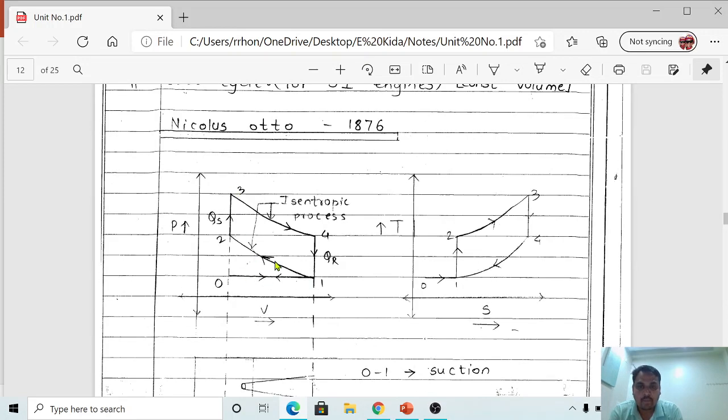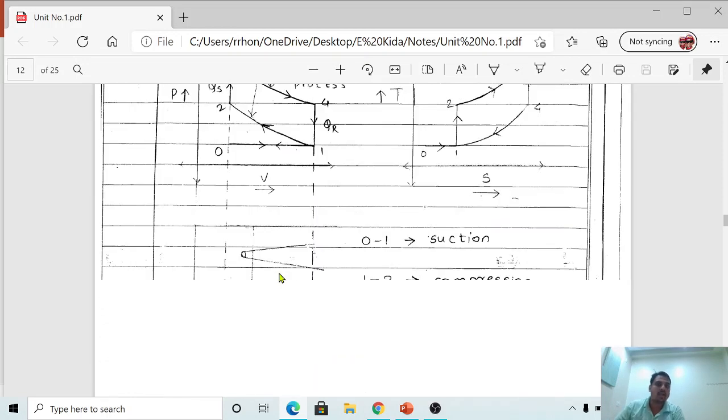This V1 by V2 represents the compression ratio. See, process 0 to 1 is a suction, 1 to 2 is a compression. So the compression ratio is V1 by V2, and similarly for the expansion ratio, this is the process of compression and this is the process of expansion. Now the compression ratio is V1 by V2 and expansion ratio is V4 by V3 from the diagram itself.